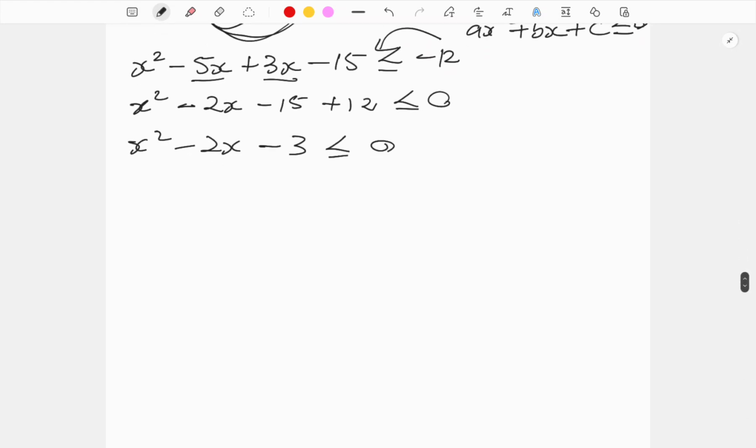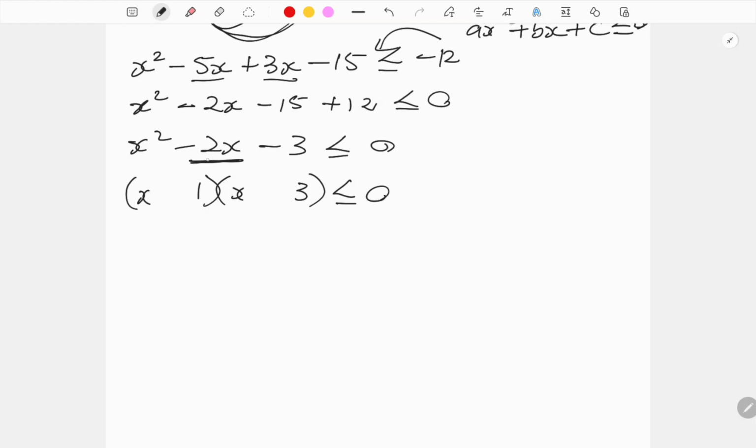Then let's go for the factors. Two brackets. This is a quadratic equation. x, the factors of 3 are 3 and 1. But when you add or minus them, they must give you the middle term, which is 2.